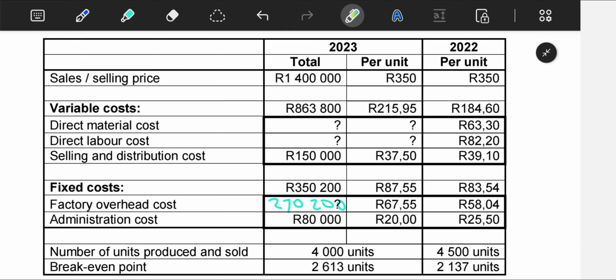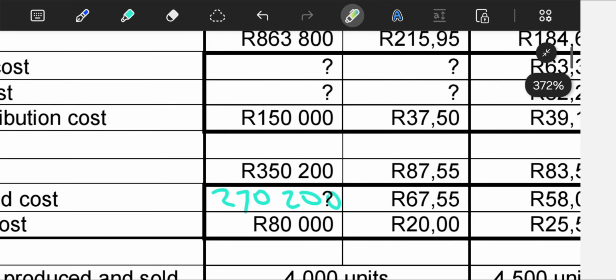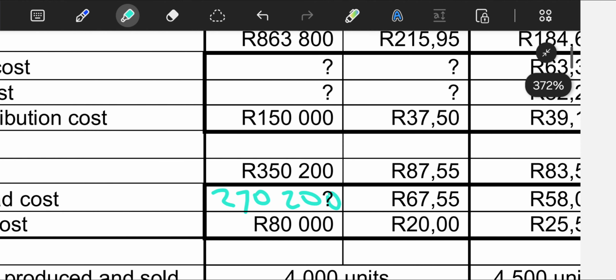Our direct material cost, we have calculated the total to be 317,800. And our direct labor, we have calculated it to be 396,000. And how many units did we produce?